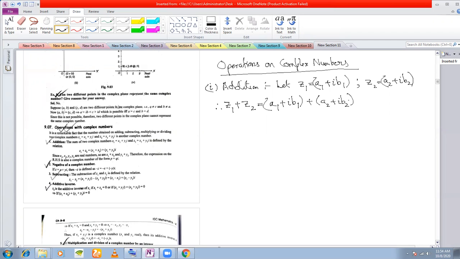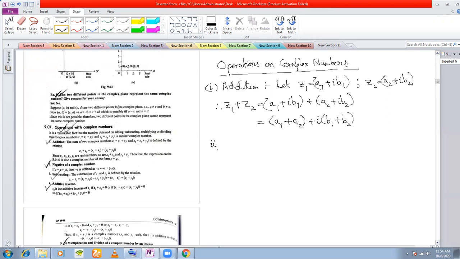If you want to add these two complex numbers, you take the real parts together and the imaginary parts together. So real parts are a1 and a2, you take them together, a1 plus a2, and the imaginary parts together, b1 plus b2. So this is the addition of two complex numbers.